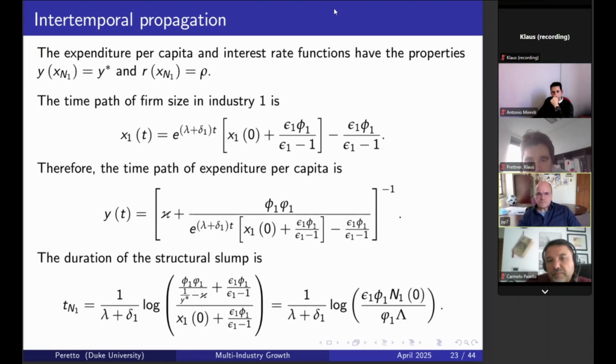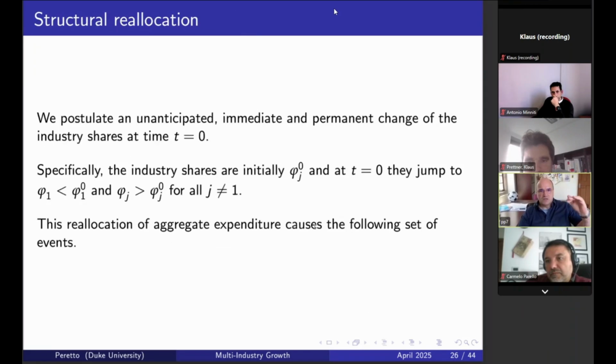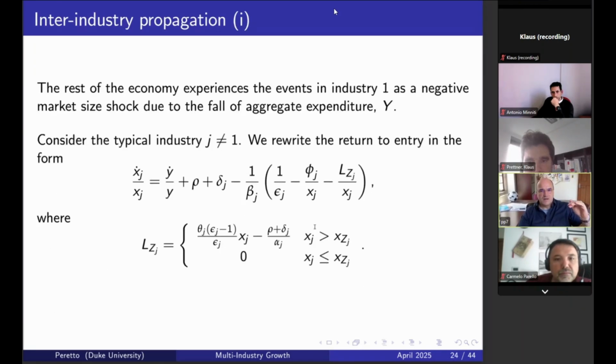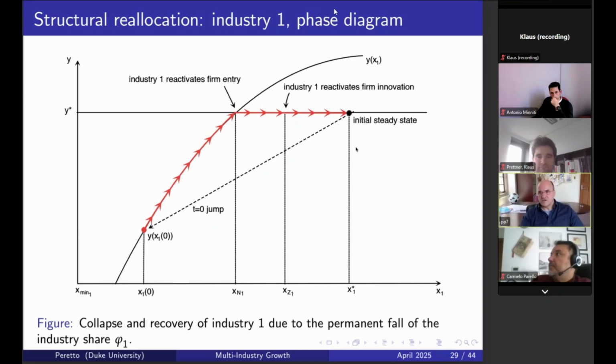And the important thing is that all of this structure is going to, let me go to the phase diagram just to give you the flavor of what's happening. So the phase diagram says that in industry one, if you look at this phase diagram, it looks like the single industry economy. And that's exactly what's happening here.